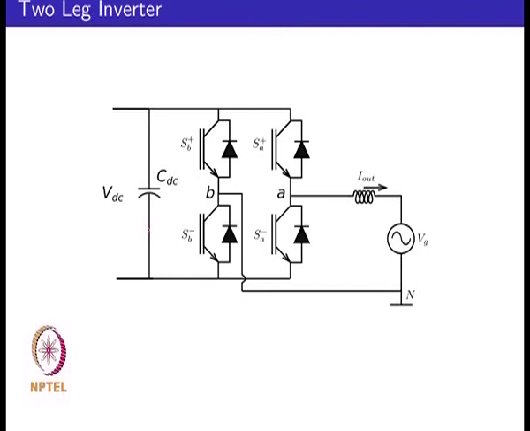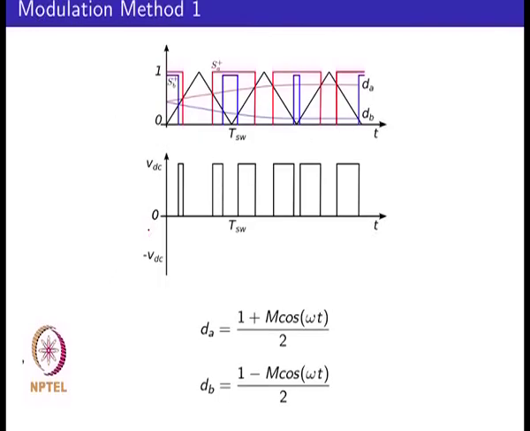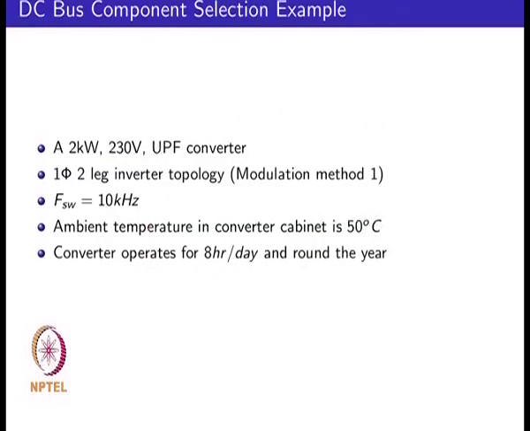So, we will look at this design with the same example as what we looked at for a center tapped capacitor. We will consider a 2 kilowatt 230 volt unity power factor power converter, but now with a single phase 2-leg inverter topology modulating with method 1.